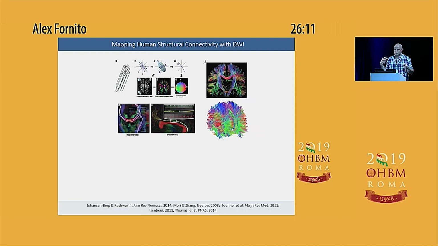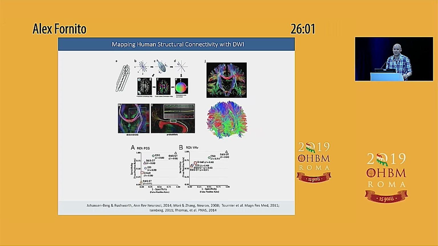Now, the specific way in which we process the data and the algorithms we use will affect the final results that we get. Right? And in general, there's a trade-off between the specificity and sensitivity of a tractography algorithm. So as a kind of rough rule, probabilistic algorithms tend to be quite sensitive, but also prone to false positives, whereas deterministic algorithms tend to be more conservative, so less prone to false positives, but prone to false negatives.